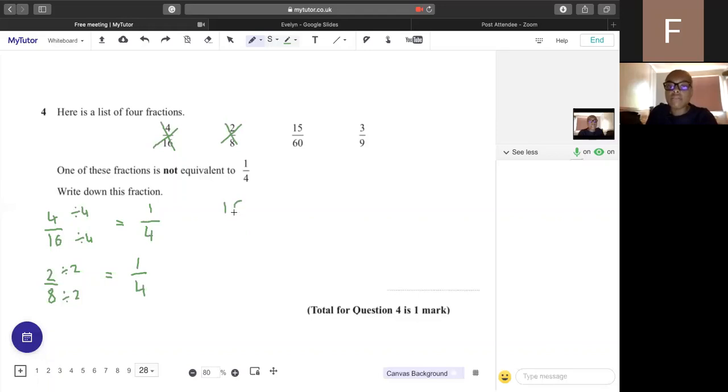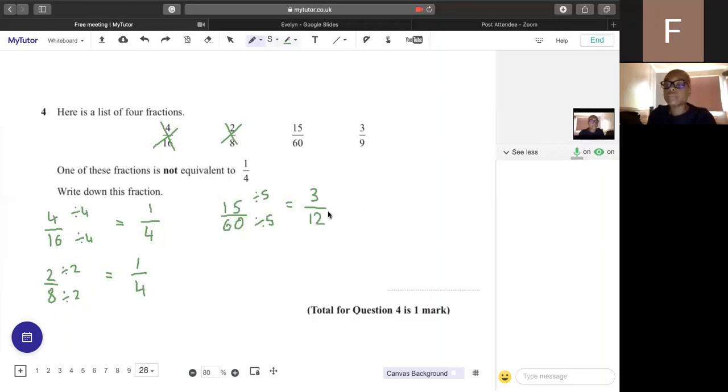Let's try 15/60. They're both multiples of 5 because one ends in 5, the other in 0. So we can divide by 5 for each one. 15 divided by 5 is 3, and 60 divided by 5 is 12.